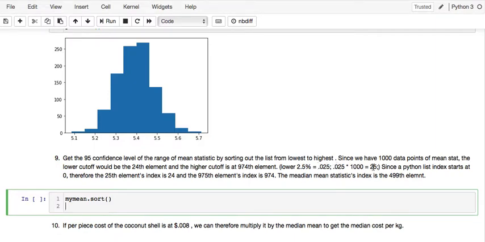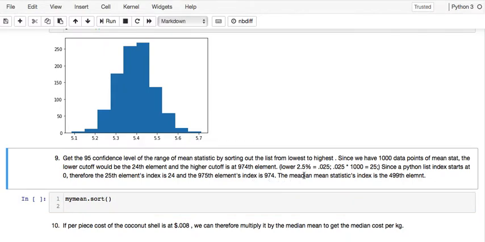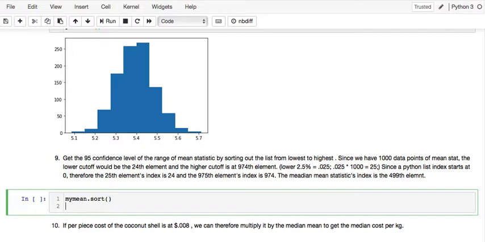Since the Python list index starts at 0, the 25th element's index is 24, and the 975th element's index is 974. So we print all of them.